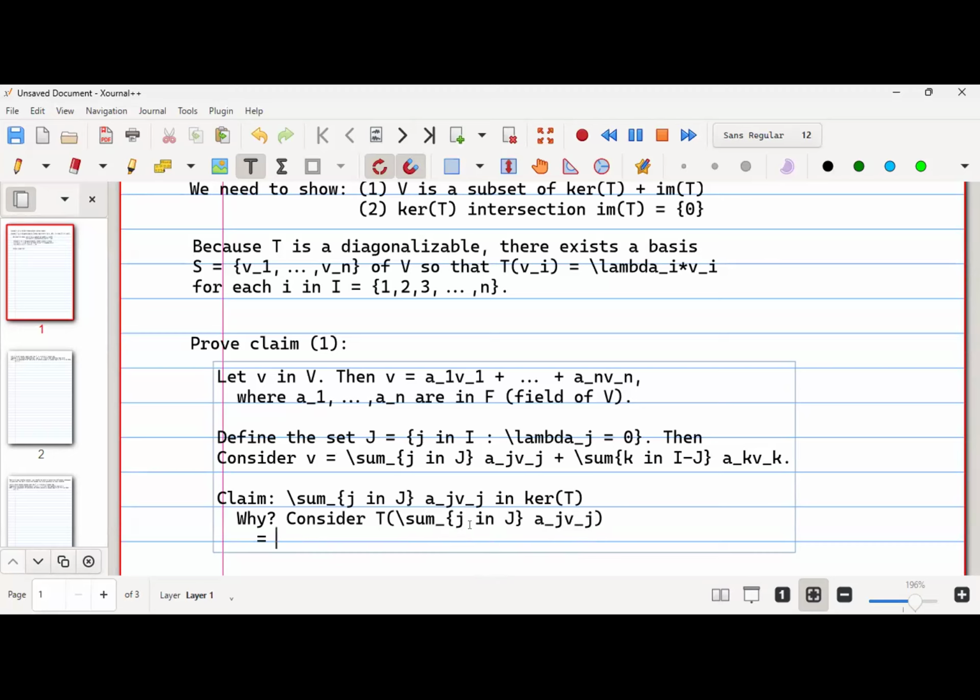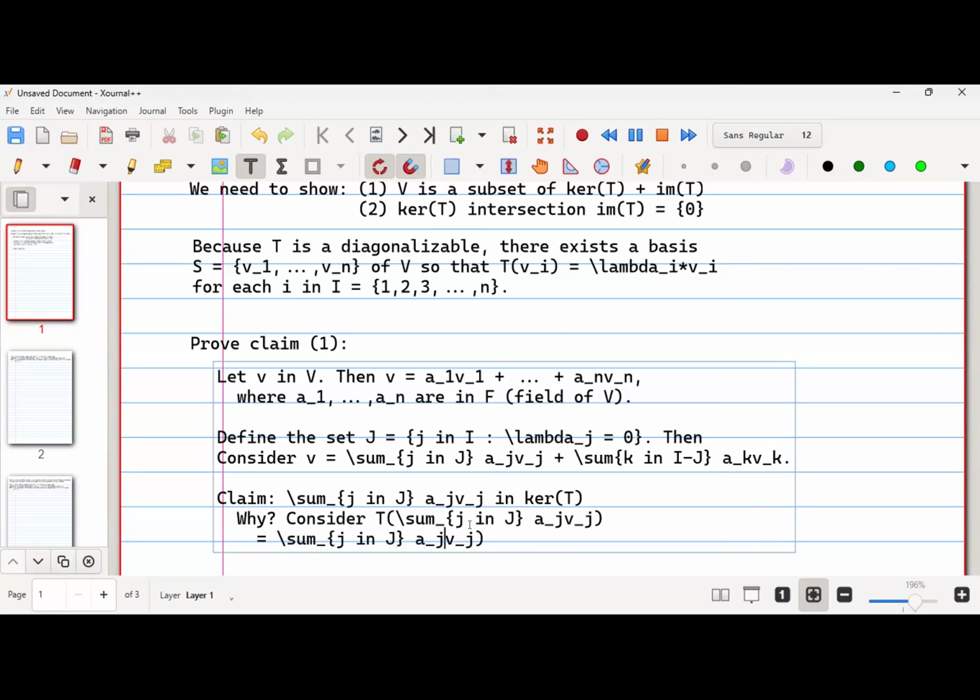Okay, but what's the next step? How do we get there though? That's a pretty large jump, right? Can you just tell me one step that will help us get linearity? Yes, linearity.